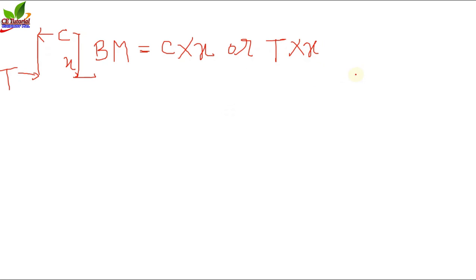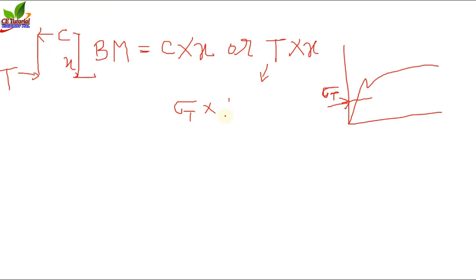Now you know the stress strain curve of mild steel, and suppose the IS code is providing you the value of sigma T, that means the stress of mild steel or HSD, whatever it is. So the value of stress of steel is provided by the IS code. Now you can say that T comes from sigma T multiplied by the area of steel.